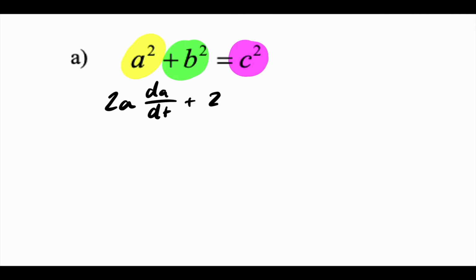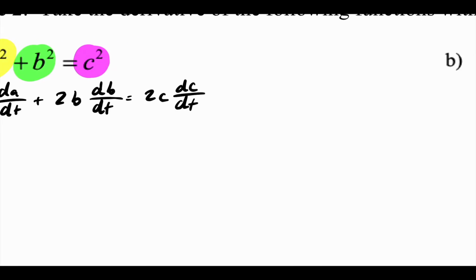B, 2b dB dt, right? Because we're taking the derivative of B with respect to time. And then C would be 2c dc dt with respect to time, right? Anything that's not time related gets a d something over dt, okay?